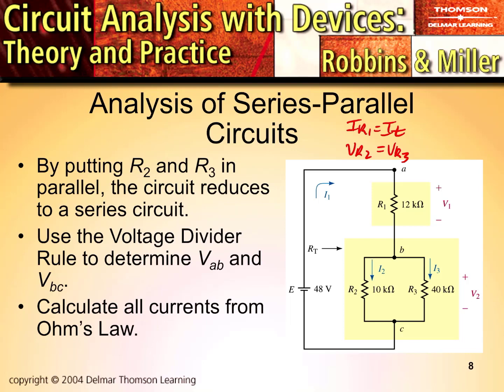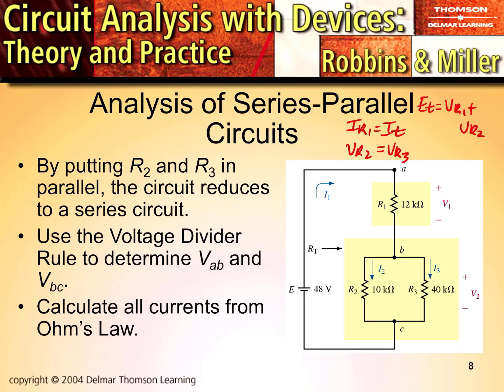We can say that E total will equal VR1 plus VR2 or VR1 plus VR3. Okay, you get the idea. That's where we're going to start this analysis. Notice how we don't need to redraw this circuit. The source is on the left and it's vertically aligned. The loads are on the right and vertically aligned.